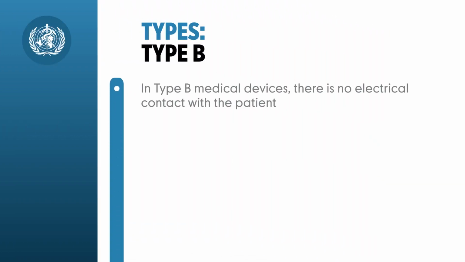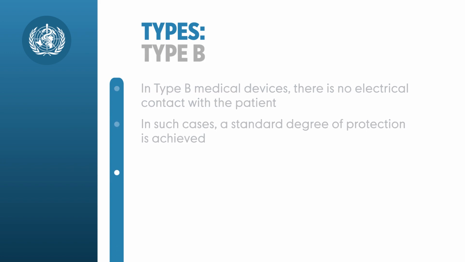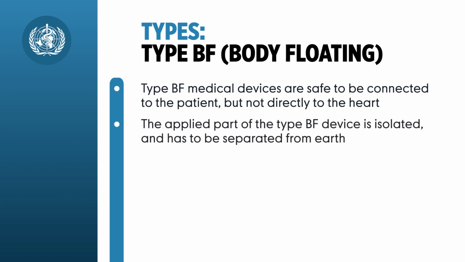Types. In Type B medical devices, there is no intended contact with the patient. In such cases, a standard degree of protection is achieved. Type BF medical devices are safe to be connected to the patient, but not directly to the heart. The applied part of the Type BF device is isolated and must be separated from earth.